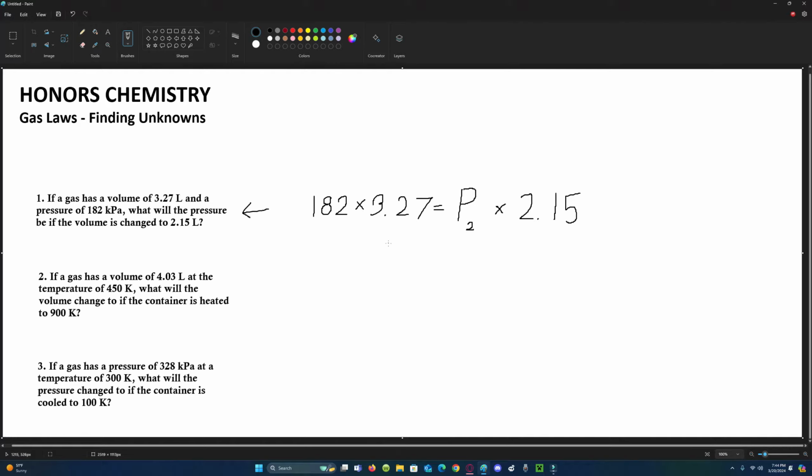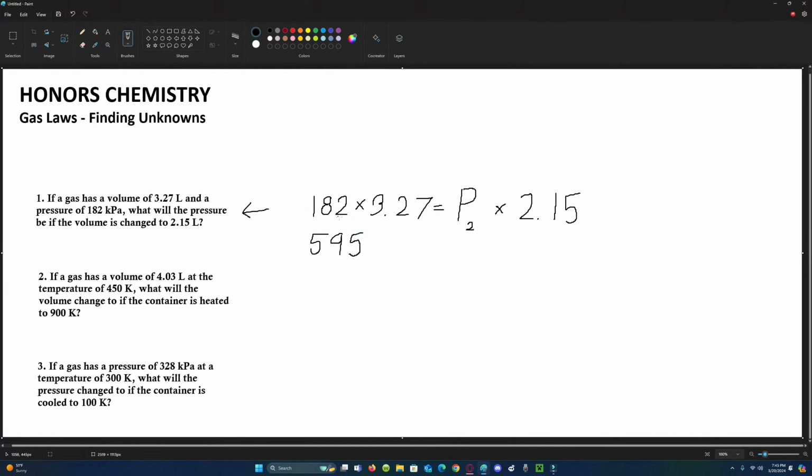So what you would do in this case is solve this like an algebra equation. The easiest way for me to do it is to start on this left side, because we already have these two numbers, and the best way to start is by simplifying them. 182 times 3.27 is equal to 595.